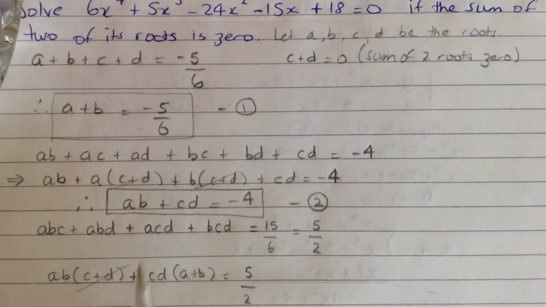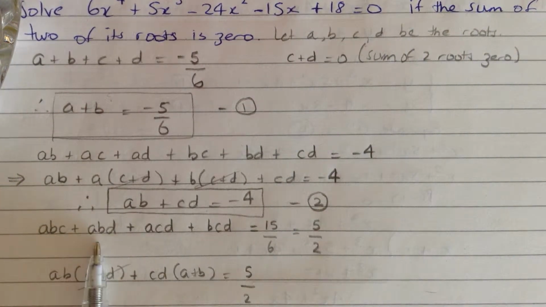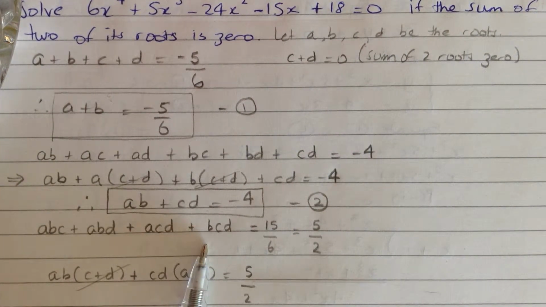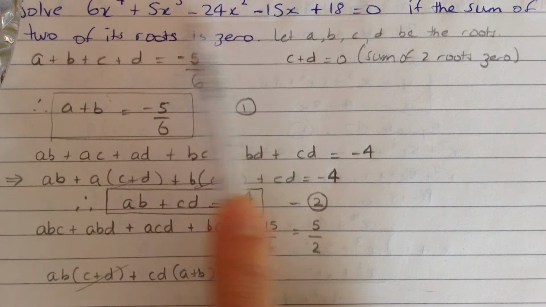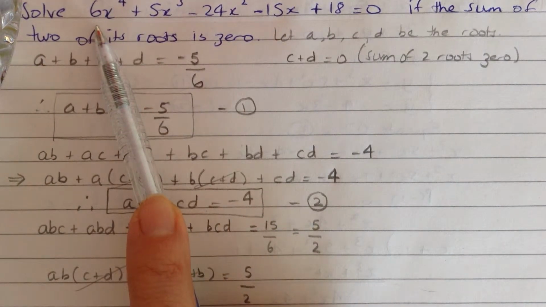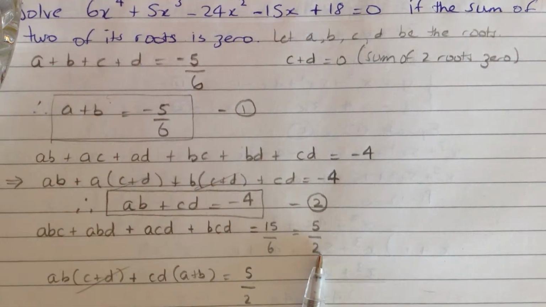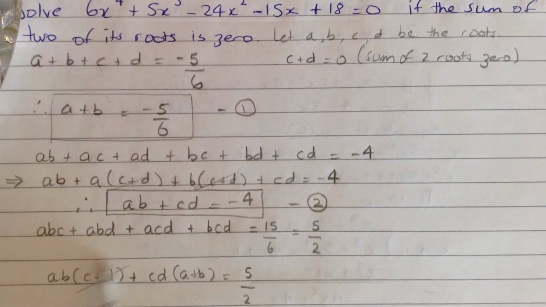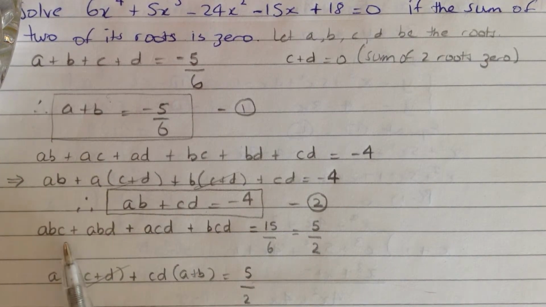Now the sum of the terms three at a time: ABC + ABD + ACD + BCD, which is equal to -d/a, so -15/6. That gives 15/6, which is equal to 5/2. Again, factorise so that you can get C + D in brackets.